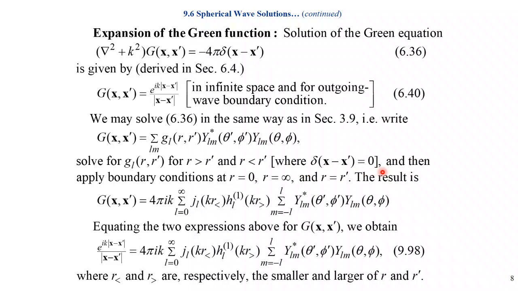So we can simplify the calculation under two extremes. Then we will apply the boundary condition at r very small and r very large. Two extremes, as well as this one, which is not 0. Three boundary conditions.